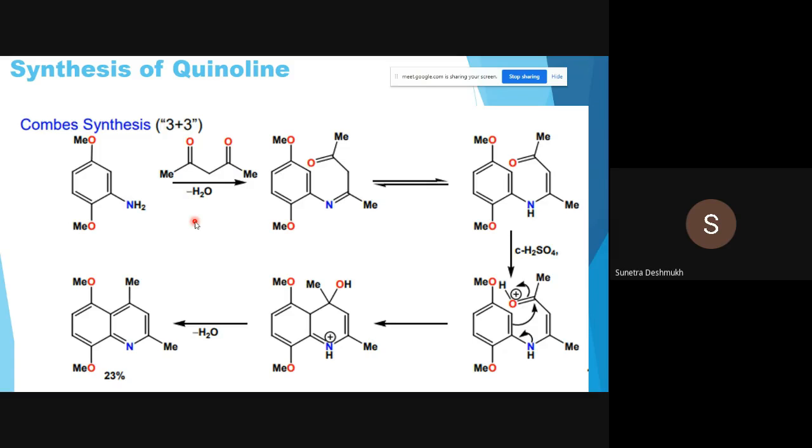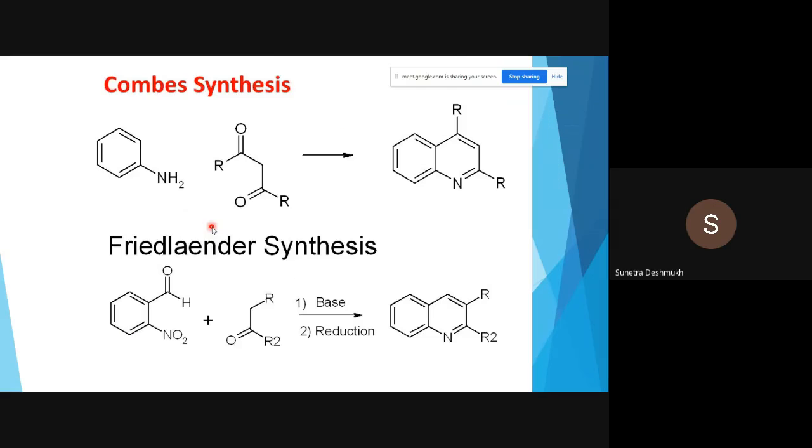Okay, so the next step is how to compare the Combes synthesis with the Friedlander synthesis. Okay, so the Combes synthesis I have given; for the Friedlander synthesis, see how I have written the starting material. In the Combes synthesis we have taken the aniline and the 1,3-diketone. So see how I have written these, so we can generate this quinoline moiety very well.